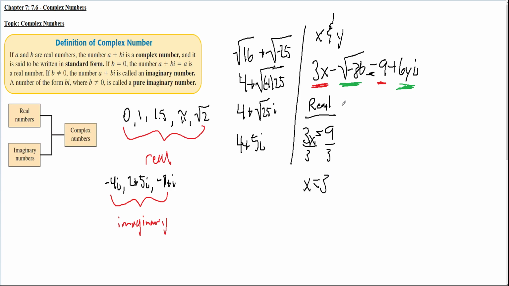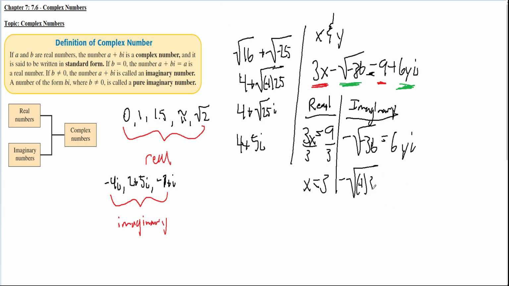And then for my imaginary parts, I have the negative square root of negative 36, which is equal to 6yi. I want to simplify my radical first, so using our definition, I have the negative square root of 36 times i is equal to 6yi.